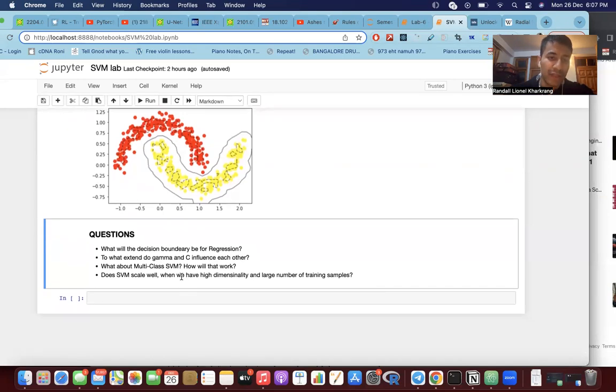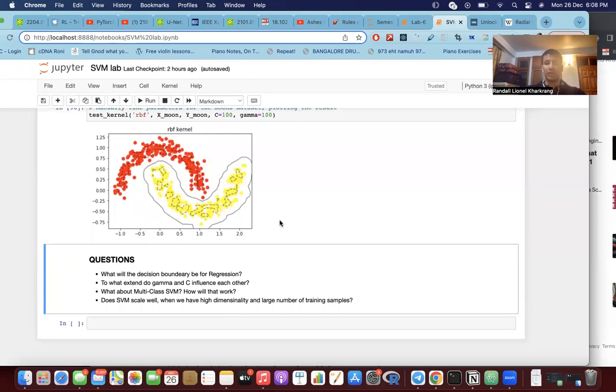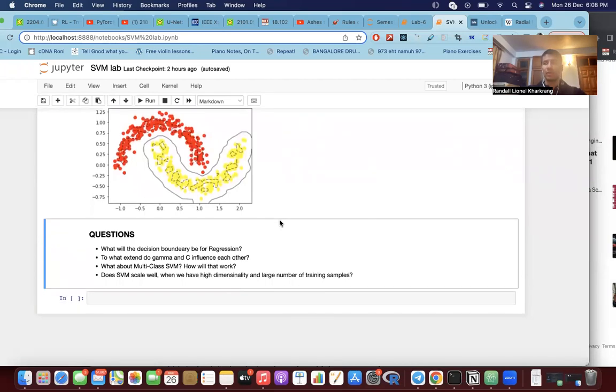Another thing you can look into is, does SVM scale well? What happens when we have high dimensionality, a huge feature space and a large number of training samples? Of course, it will for sure affect gamma and C, and these margins that we form, especially gamma, and the margin error also. I'll give you a hint on how this can affect the optimization: we're using a Lagrange multiplier, with high dimensionality also.